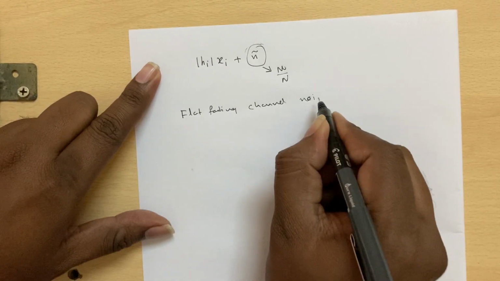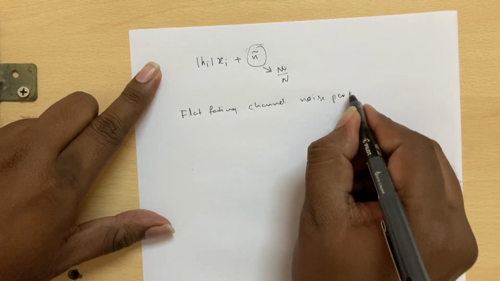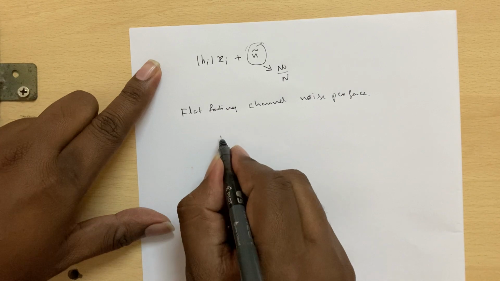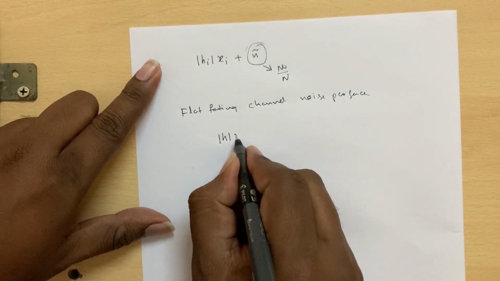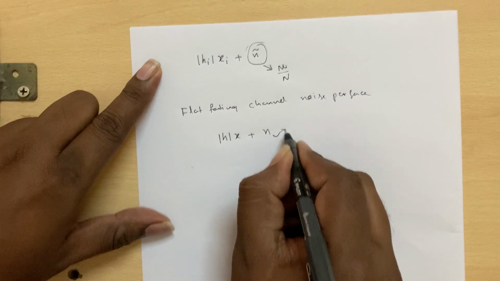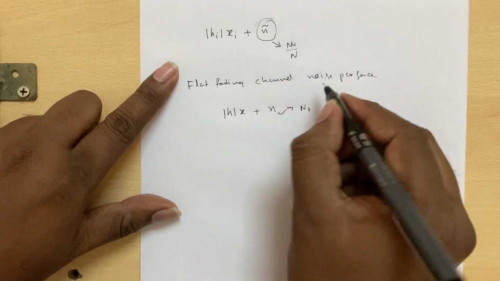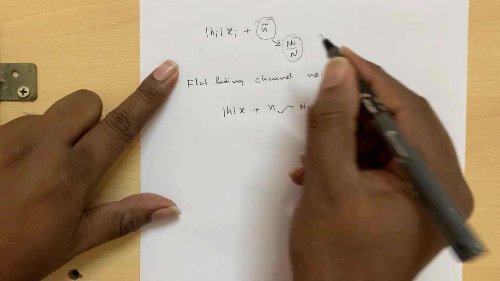If you compare this with the noise performance of the flat fading channel, there we also get a similar form, mod h into x plus noise, where the noise had variance N0, but in this single user CDMA system the noise has N0 by N.